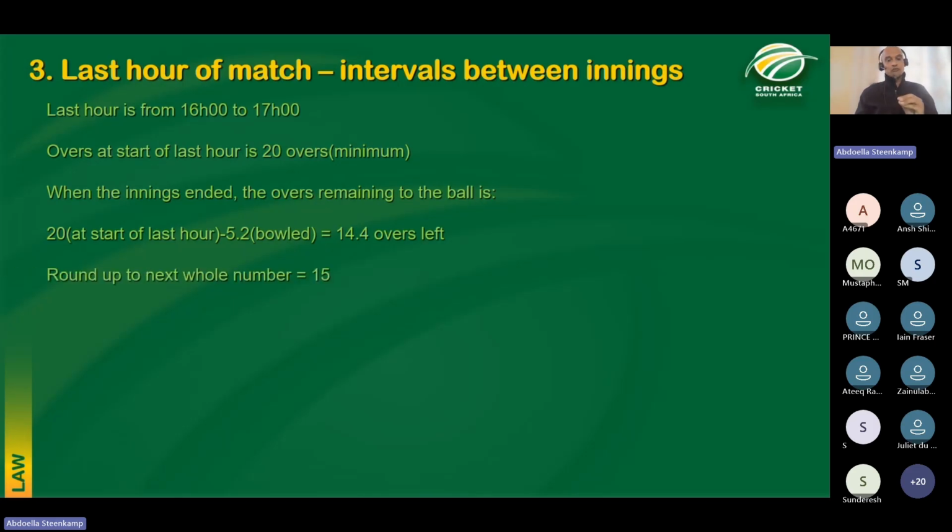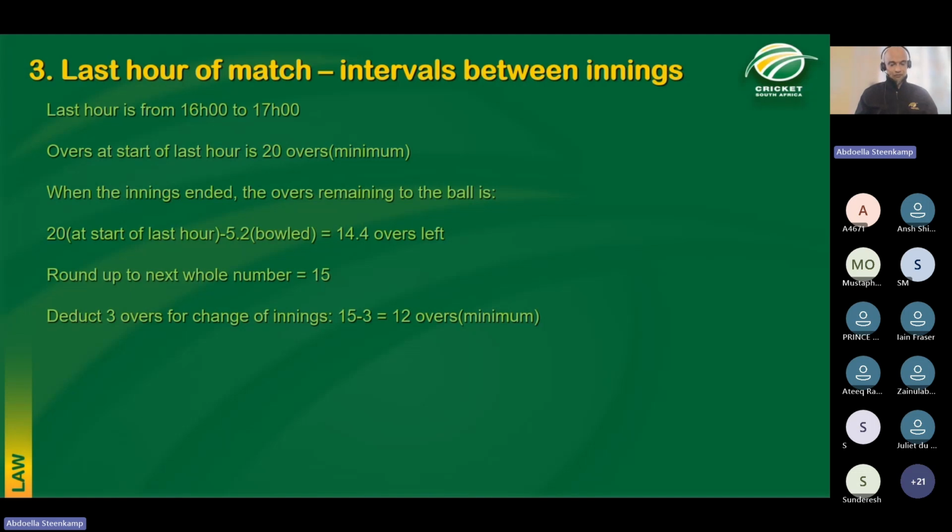So 14.4 is not a whole number. So what is the next whole number? If I round up, 15. 15 is the next whole number. Then my last step is deduct 3 overs for the change of innings. 15 minus 3, and my answer is 12 overs minimum left in the last hour.